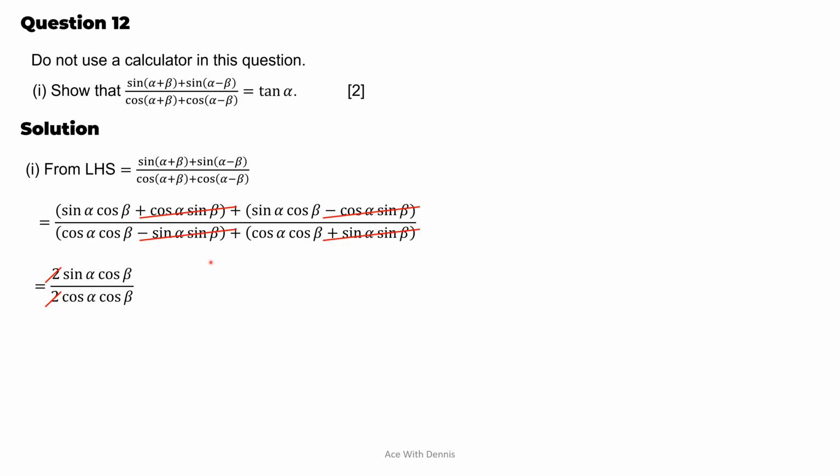From here, we can cancel out the 2 and cosine beta. So you are only left with sine alpha over cosine alpha. We know that sine over cosine gives tangent. So we get tangent alpha, which is the same as the right hand side. Hence, shown.